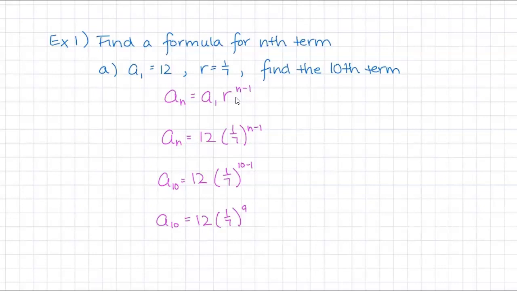So if you work this out on the calculator, I'm getting 2.973 times 10 to the negative 7th. So I'm getting a really small number.